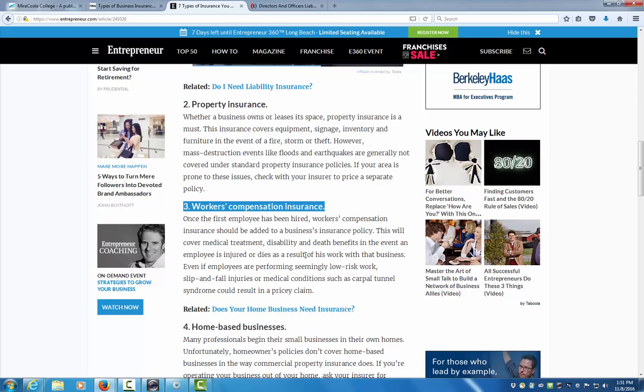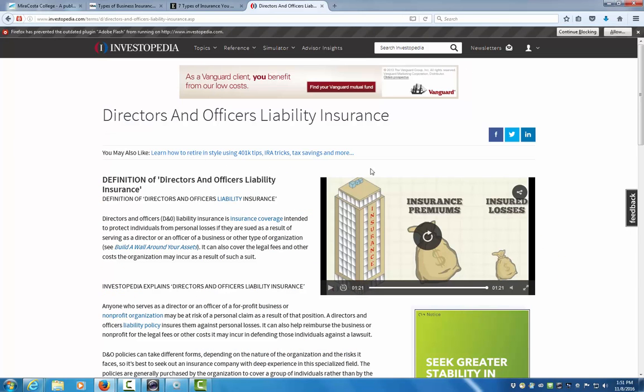The very last insurance policy that I wanted to mention is for larger companies typically, and that is called Directors and Officers Liability Insurance. And it's exactly as it sounds. It's a liability insurance policy that covers the directors and officers of the organization.